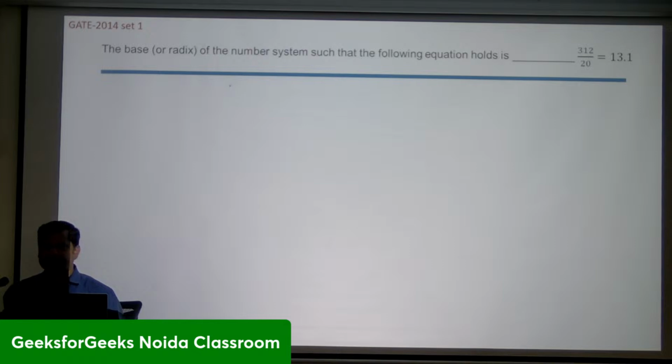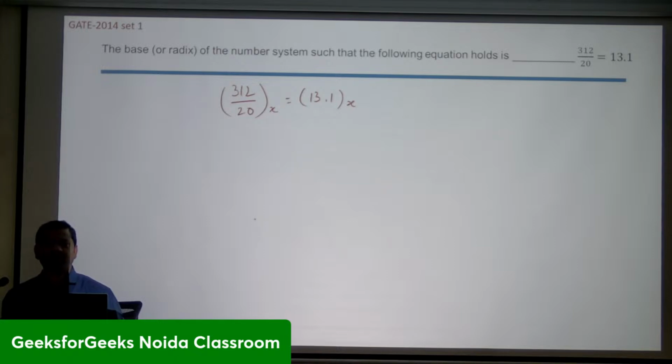Since the base is not known to us, you can simply say both the sides, left hand side and right hand side, must be the same. So it is nothing but 312 divided by 20 in base x equals 13.1 in base x.